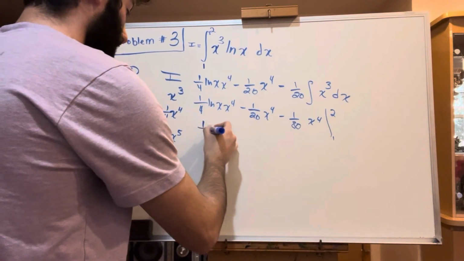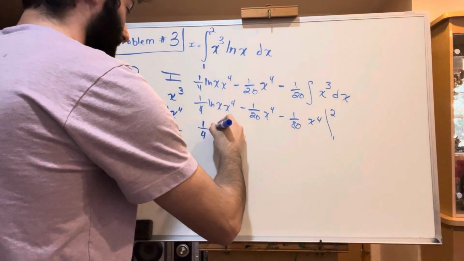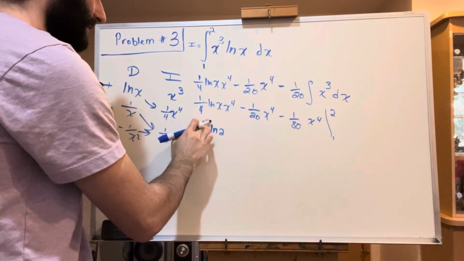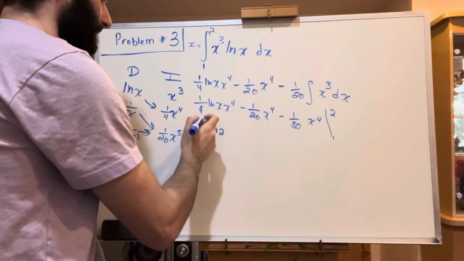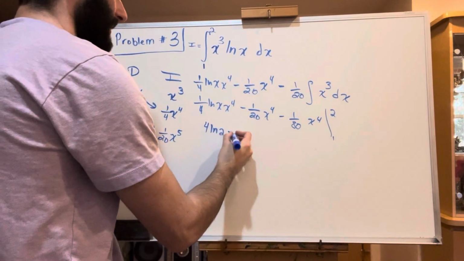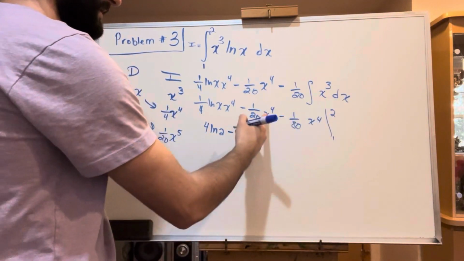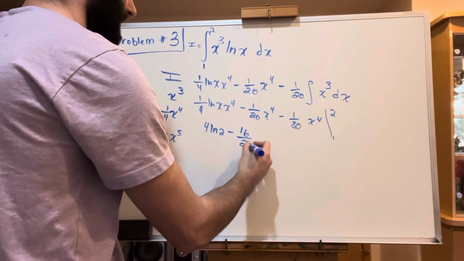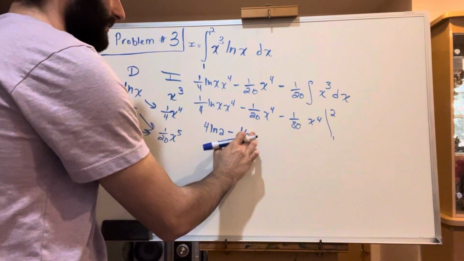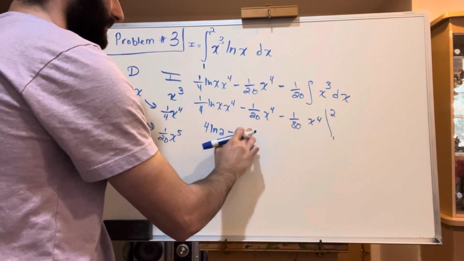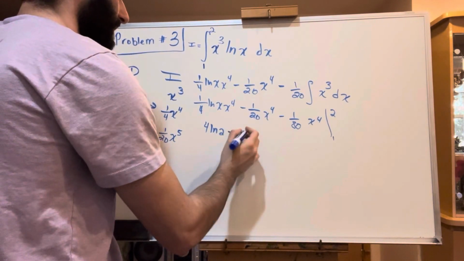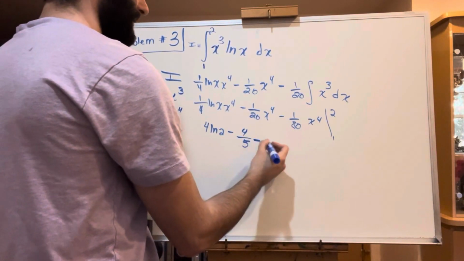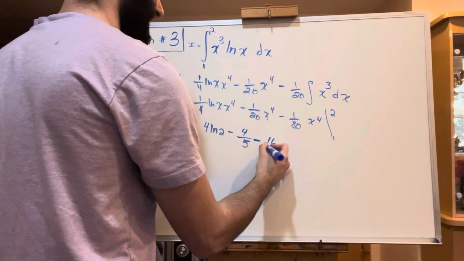Okay, 1 over 4, we got ln of 2. 2 to the fourth is 16. 16 over 4 is 4. Minus 2 to the fourth is 16, we get 16 over 20, that just becomes 4/5. This becomes a minus 16 over 80.